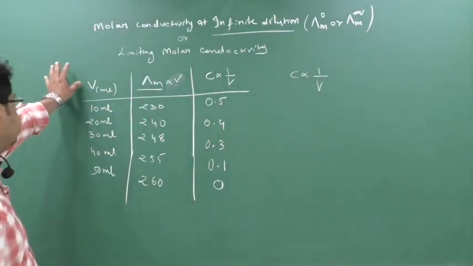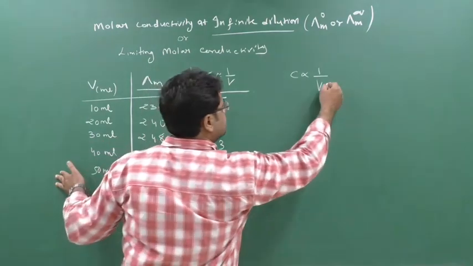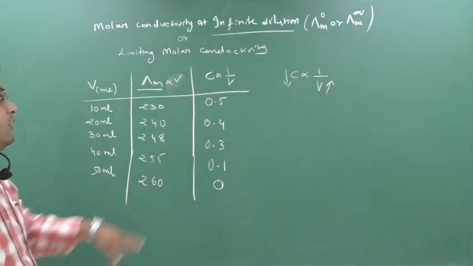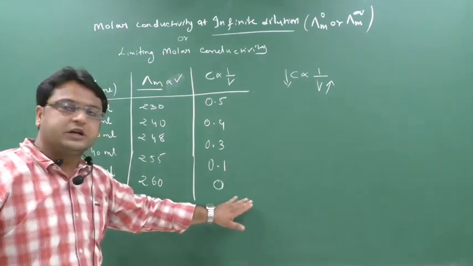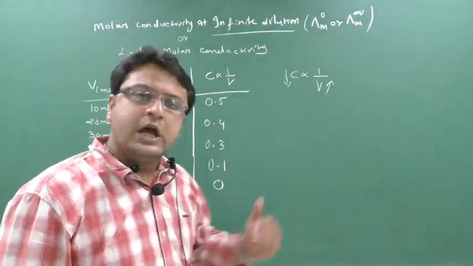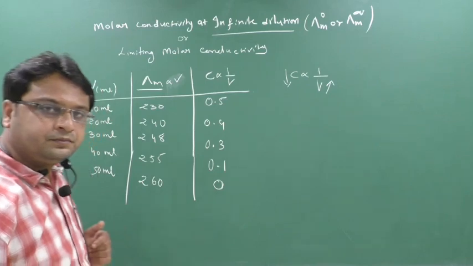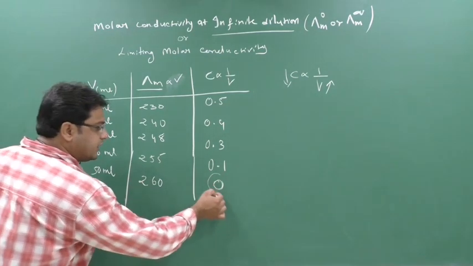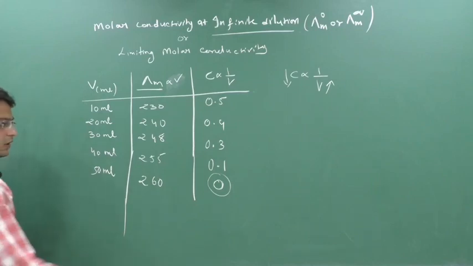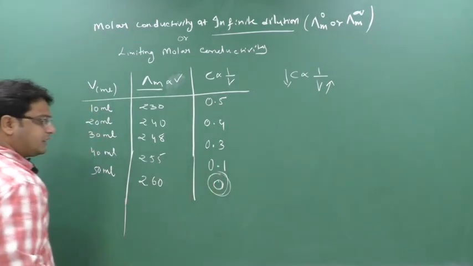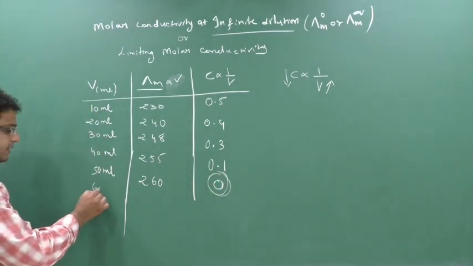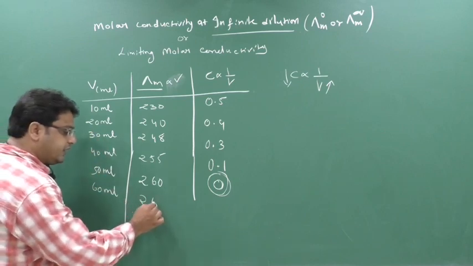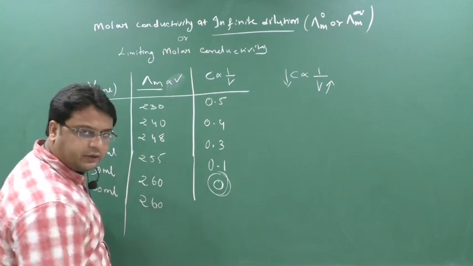Concentration decreases because it is inversely proportional to volume. I am going on increasing the volume, so decreasing the concentration, which means at one point the concentration will tend to become 0, almost nearly equal to 0. Now whenever the concentration becomes 0, what I observed is that when I increase to 60 ml, again adding 10 ml, the value of molar conductivity remains constant, 260 only, it does not increase.